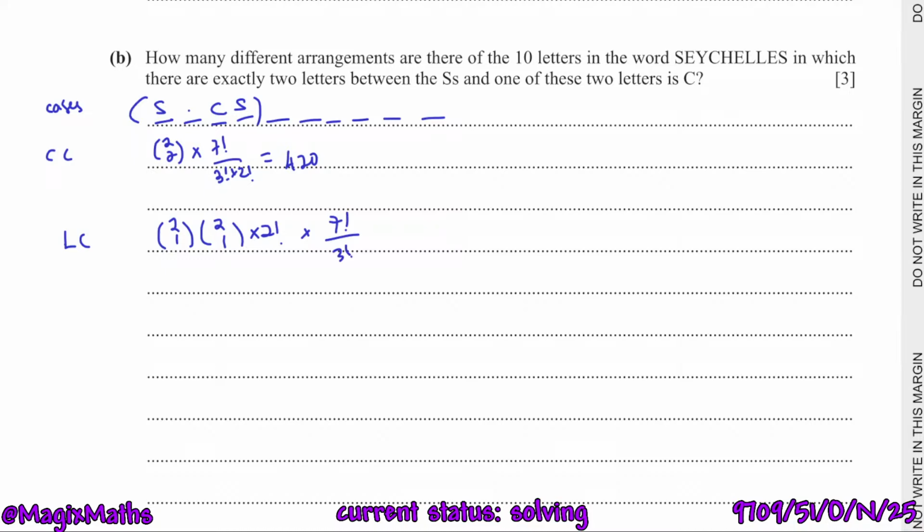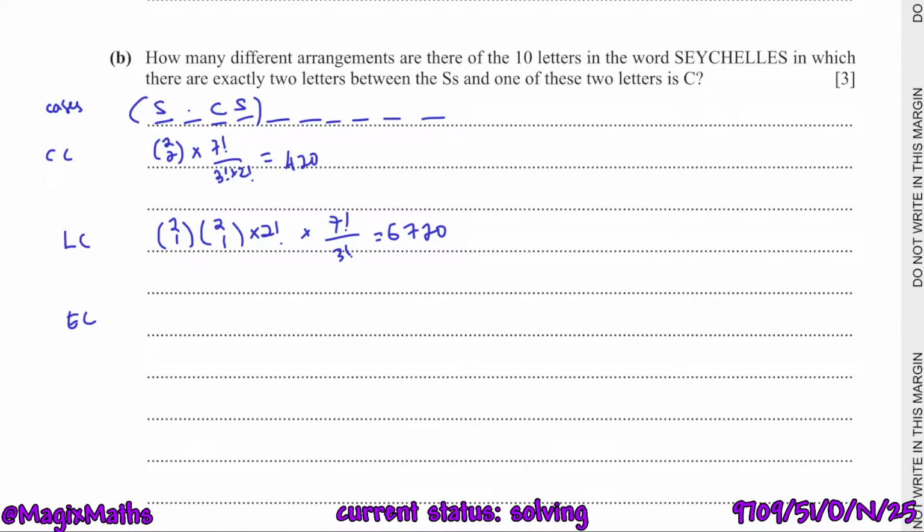And then the only repeating letters we have left is E. Outside, we only have one L left. So that should be 6720.